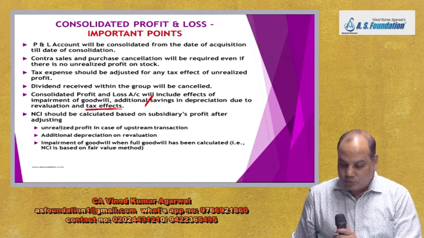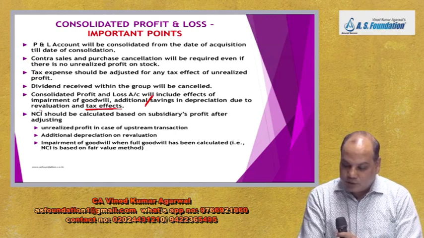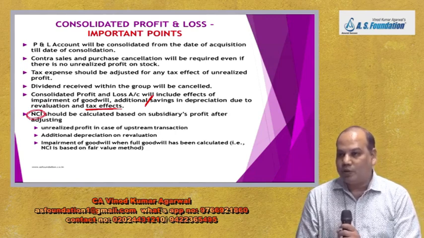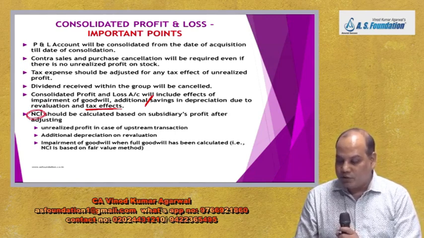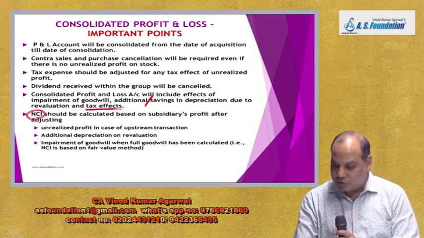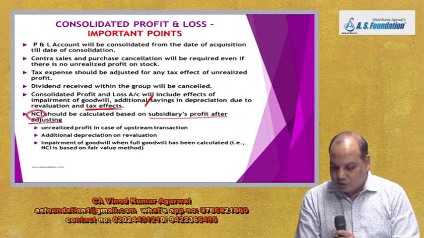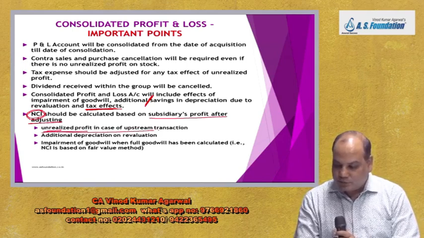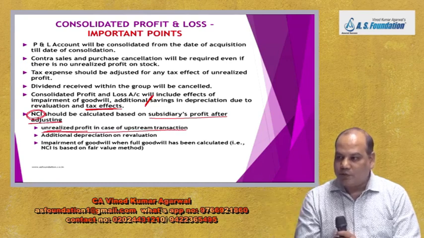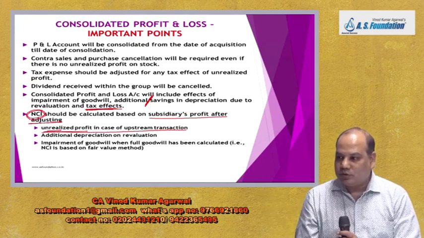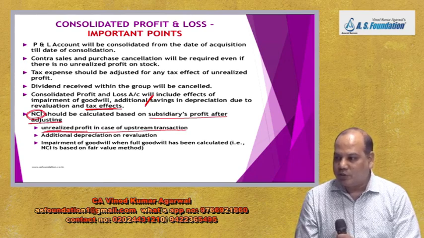Now one more challenge you will have is to find out the NCI share in the group profit. So NCI share will be calculated based on subsidiary's profit after adjusting for, these are some examples, after adjusting subsidiary's profit. So subsidiary's profit and loss account will be given to you. That will be your starting point.